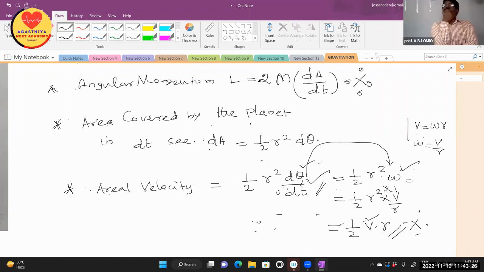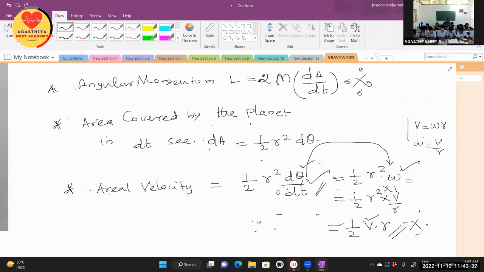Angular momentum in terms of areal velocity is 2m dA by dt. Shall we go to the next law, students?